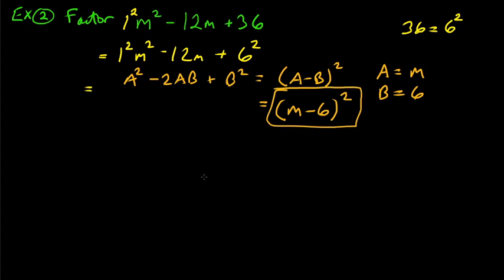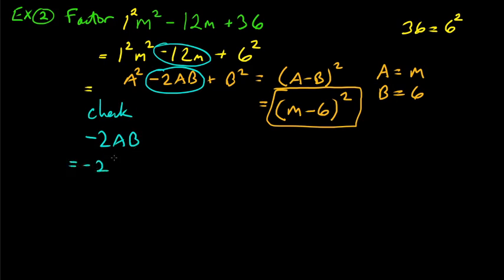Okay. So see how easy that was? Hang on, though. There's one thing we forgot, and this is very important. We didn't check the middle term. Because if the middle term doesn't add up to the negative 2ab here, then it's not going to be right. Then we'd have to cross this out. So let's check the middle term. What is this negative 2ab?